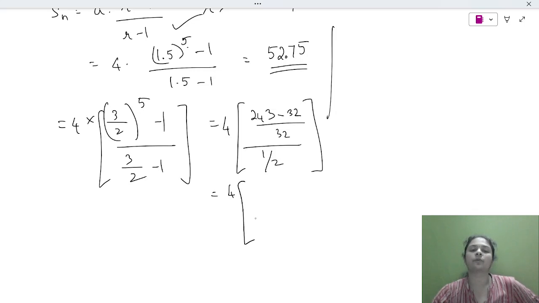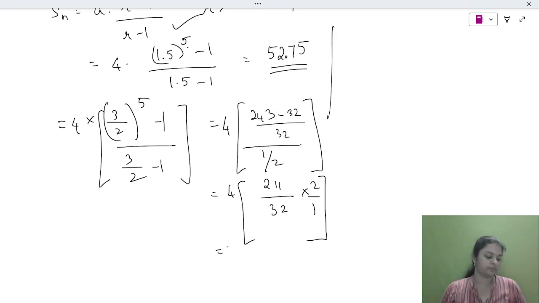So 4 into 211 by 32. Now this 1 by 2 in the reciprocal will be taken as into 2 by 1, so into 2. You can cancel all the terms.